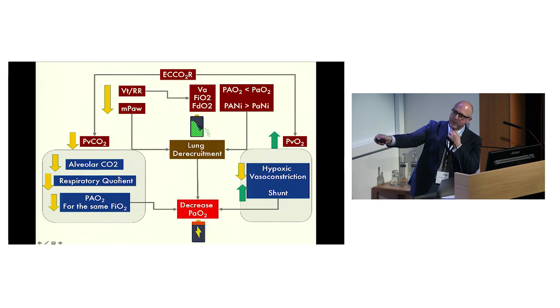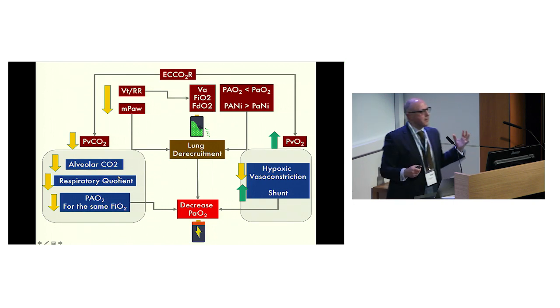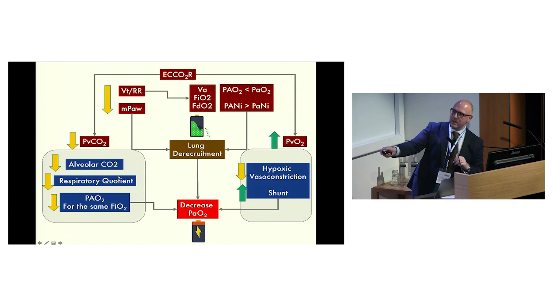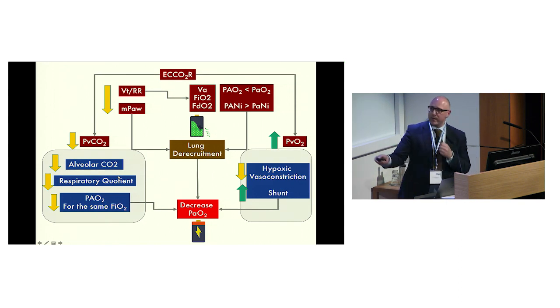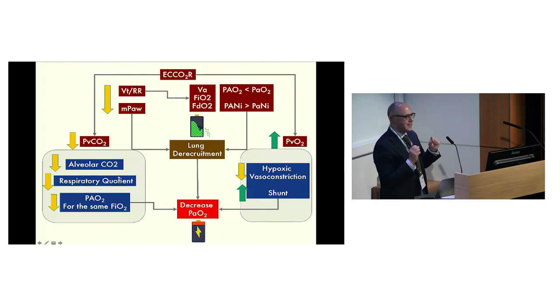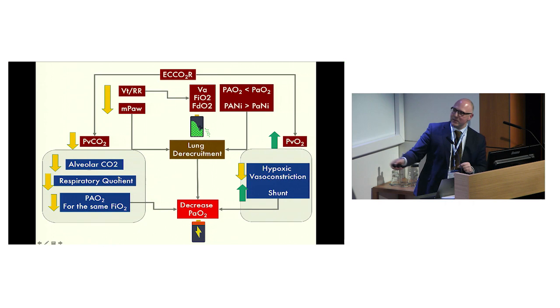Otherwise, the reduction in venous CO2 causes a reduction of the amount of CO2 that goes to the alveoli. Just follow me 1 second, see whether I've managed to explain it. And because we know that the CO2, it goes into that little equation of the alveolar gases, where there is a little r, which is the VCO2 divided by the VO2.